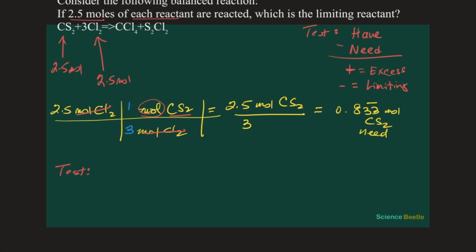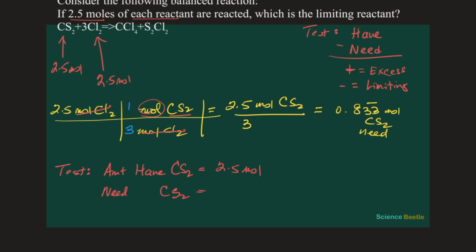So the test is going to be looking at the amount that we have of that compound, which is CS2. So the amount that we have of the CS2, and this amount was given to us at the very beginning. We have 2.5 moles. And we're going to compare that to the amount that we need of CS2.